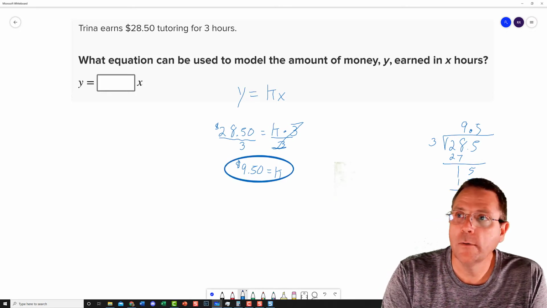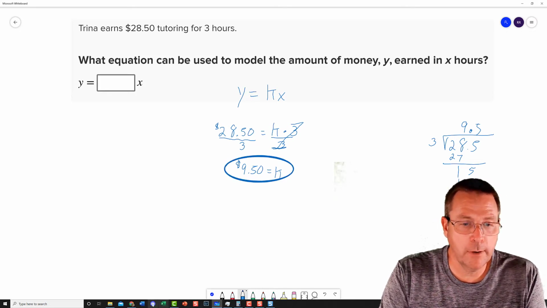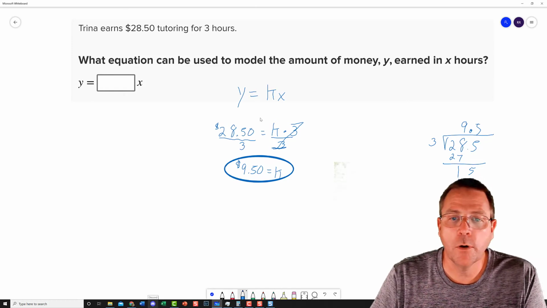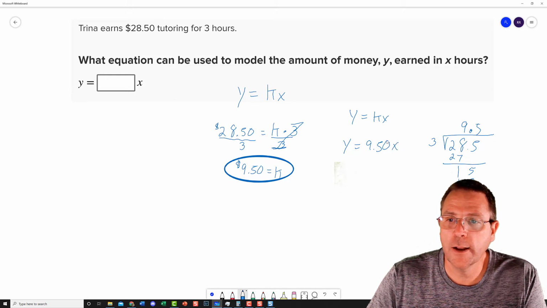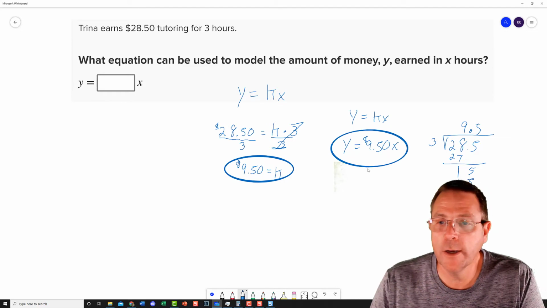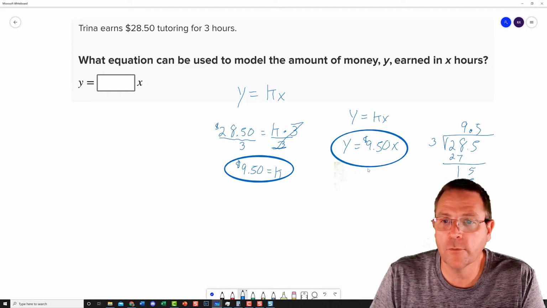What are we going to put in there for our equation? We're going to rewrite it, where we had y is equal to kx, it is now going to be y is equal to $9.50 times x, or 9.5 times x, but we're dealing with money, so it's going to be 9.50.